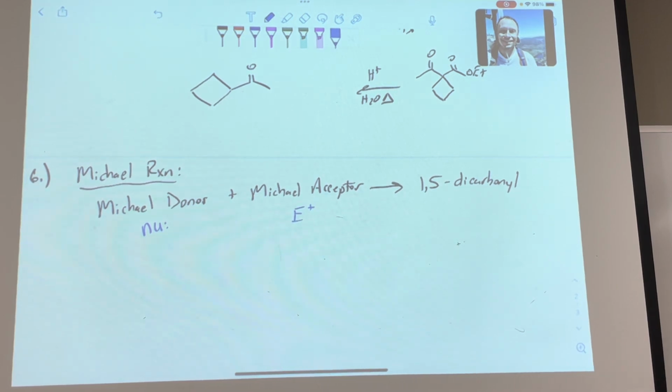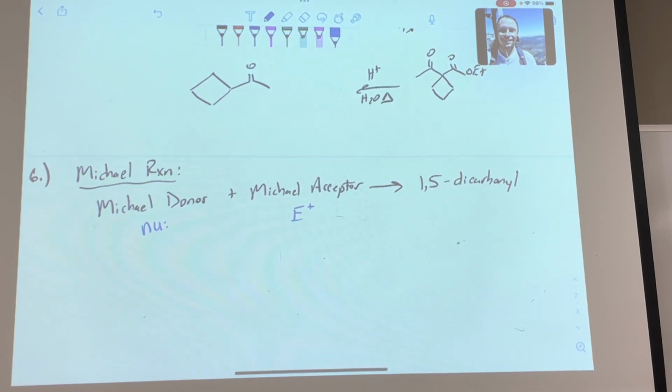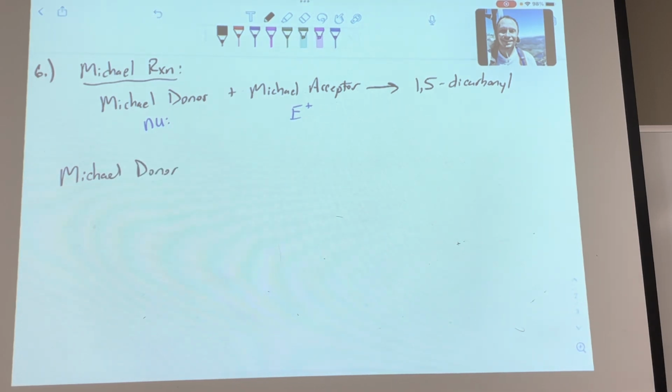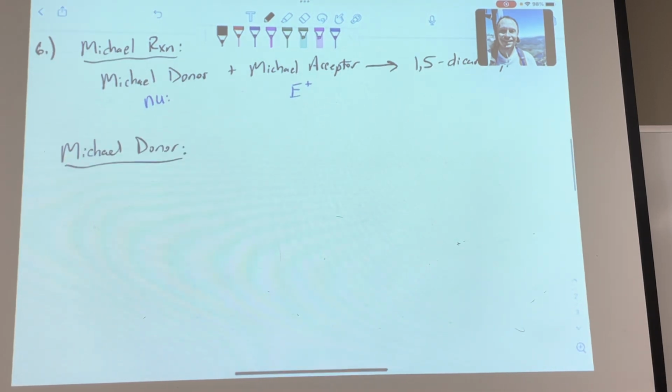Okay? Now, I'm going to go ahead and give you some common donor and acceptor examples, just so you know what we're working with here. So when I talk about a Michael donor, these are going to be nucleophiles that specifically have a very activated alpha position.